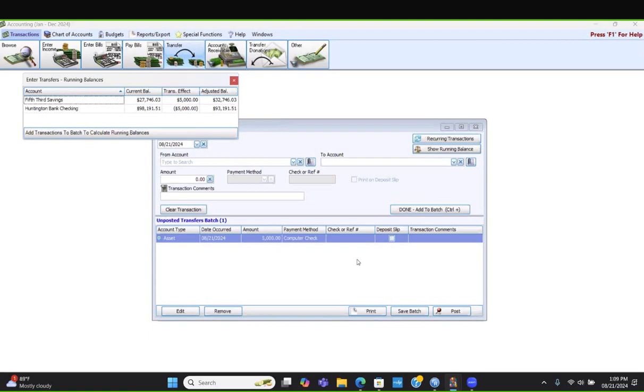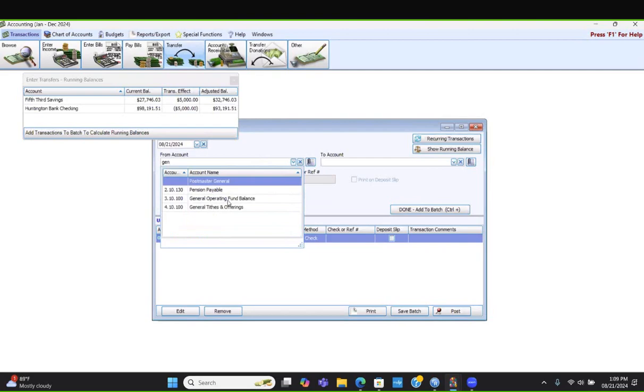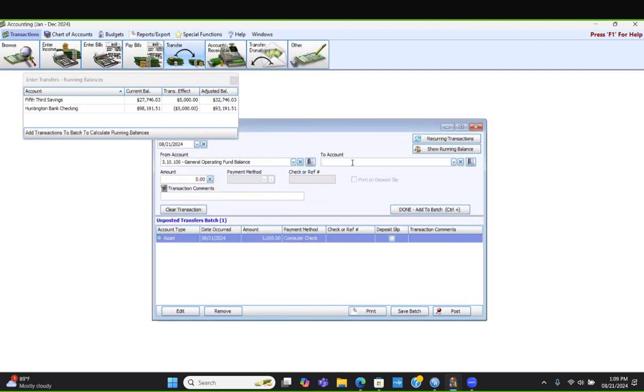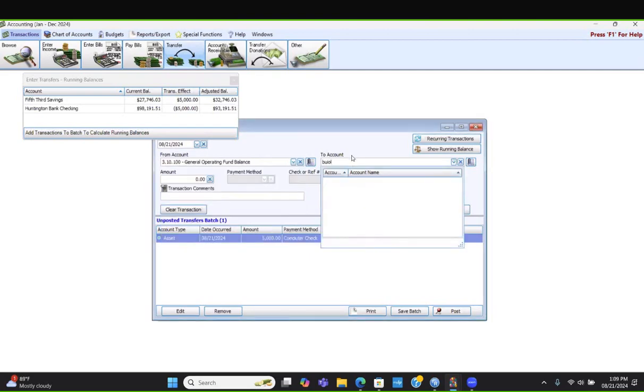So whenever you're moving money between bank accounts, depending on how your chart of accounts is set up and designed, you may need to post a second transfer between funds. What I mean by that is my general operating fund to, say, my building fund, if that's indeed how my chart of accounts is set up.